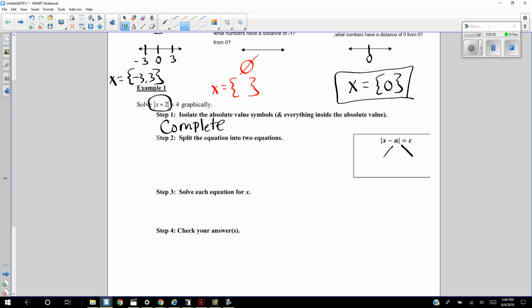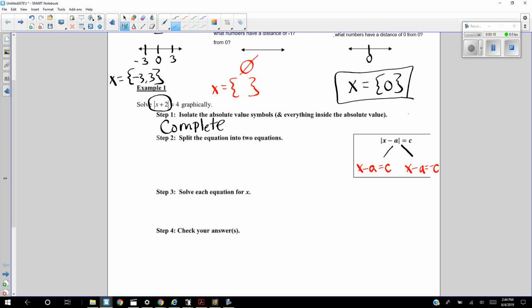Remember, absolute value is a distance from 0. So here, this generic example off to the side, x minus a can equal positive c, because c is c units from 0, and it can also equal negative c, because negative c is c units from 0.